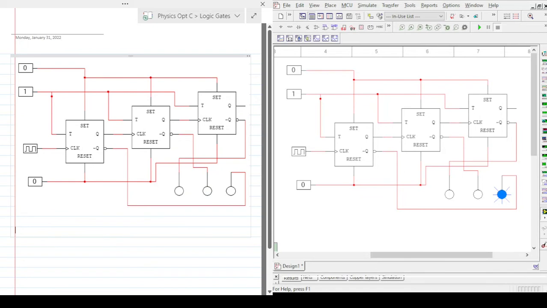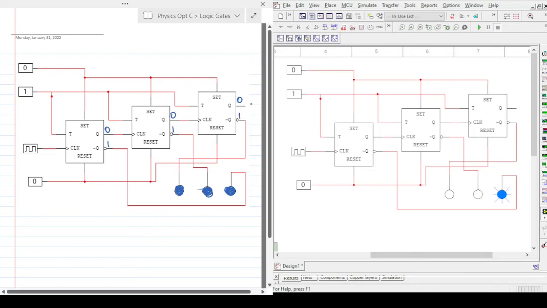So I already have it copied here, and I'm starting off with it in that state. I already mentioned that it initializes with these being on, so I'm not going to talk about how we get to this state. The software just initializes with Q at 0 and Q prime at 1. Now remember, the T flip-flop toggles, that's what the T is for, whenever the clock undergoes a rising edge.